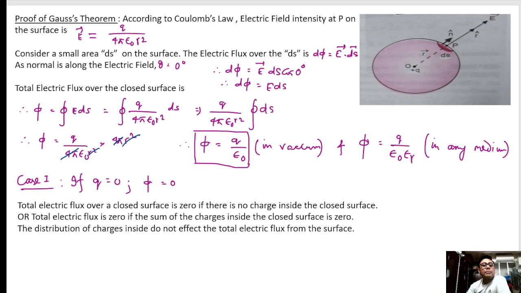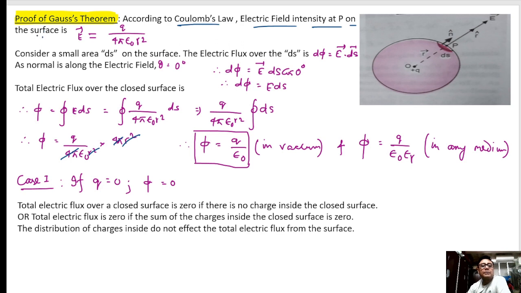Next, the proof of Gauss's theorem is again a very important topic. So let's see. According to Coulomb's law, the electric field intensity at P on the surface.